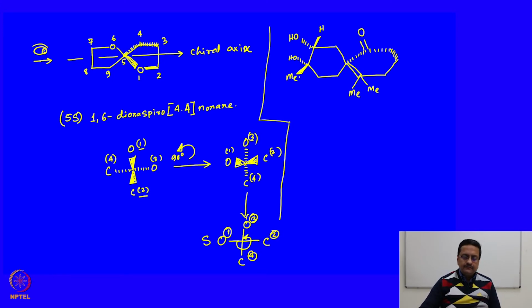Right. This is also another spiro compound, and you have two chiral centers here, and this point is the axially chiral center. So, you need to identify the chiralities of those three different chiral centers.